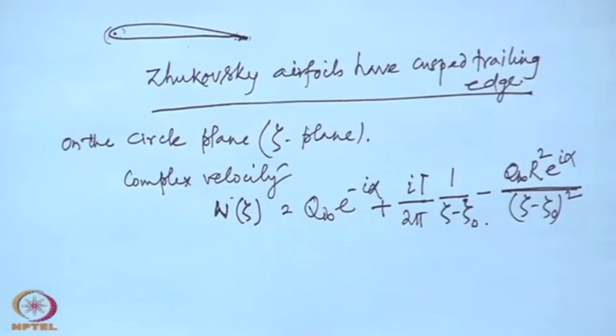What will be the velocity on the airfoil plane, the z plane? Our transformation is z equal to zeta plus a squared by zeta.